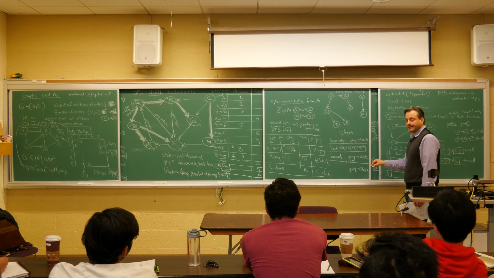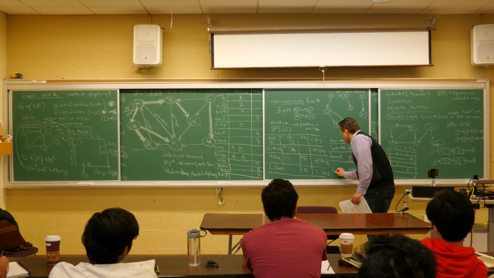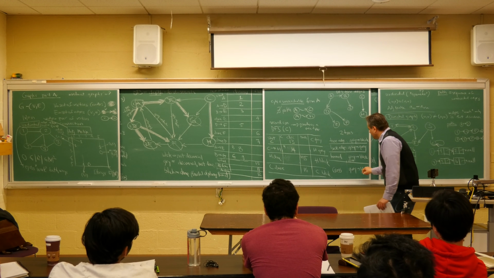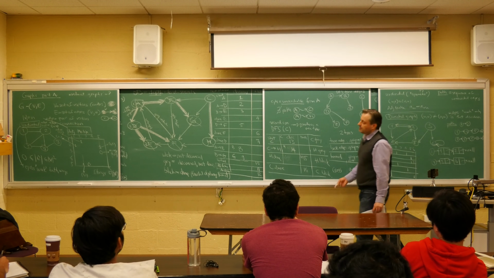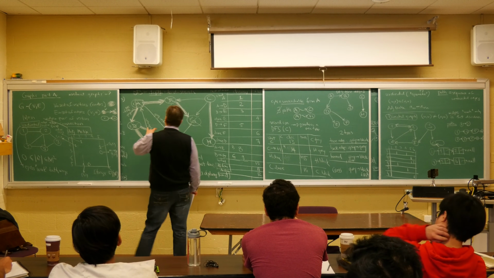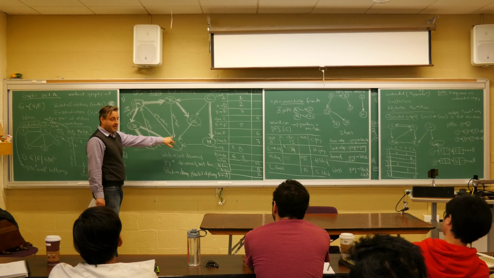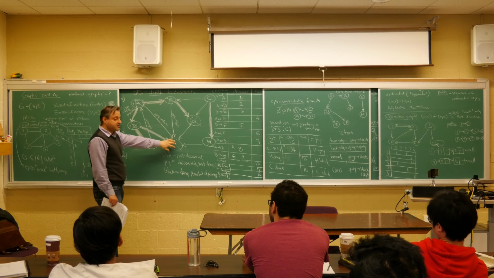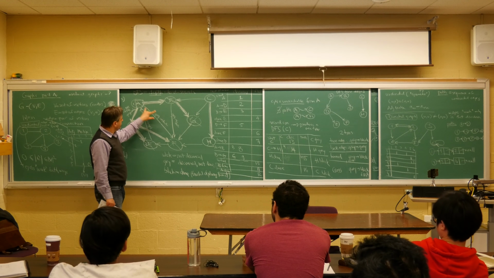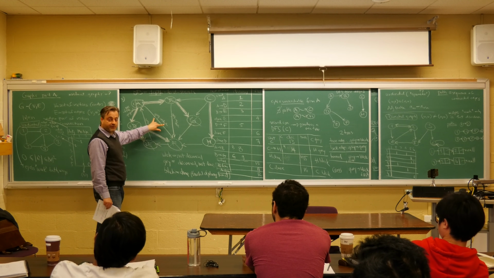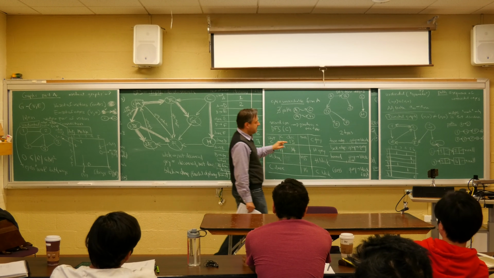So it's a gray to black, but gray is discovered first. The other one, which is called cross edge, is still gray to black, but the black one is discovered first. So let's figure out how this happens. If I have gray to black in here, what kind of situations do I have? When I explored this edge, I was in A, and this node was done. It's a gray to black. Which one of the nodes, gray or black, was first discovered? A. So what kind of edge was that? Forward edge.